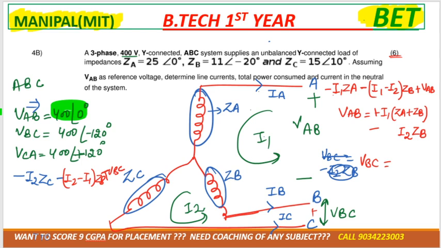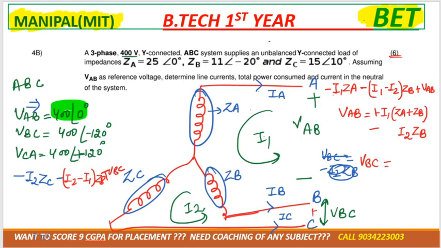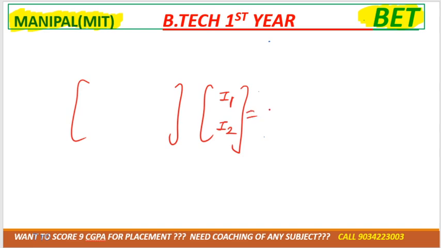Can we convert it into the matrix form? Because solving in the matrix form would be easy. So it would be how much? Current is I1, I2.